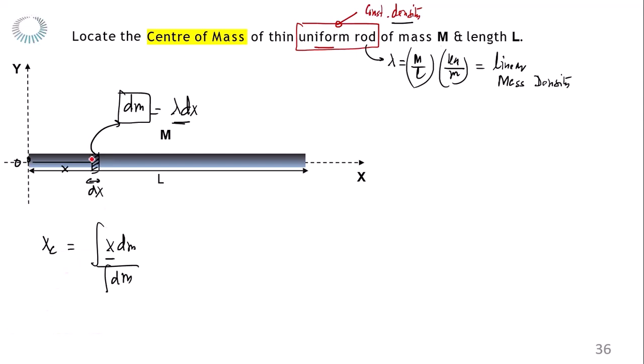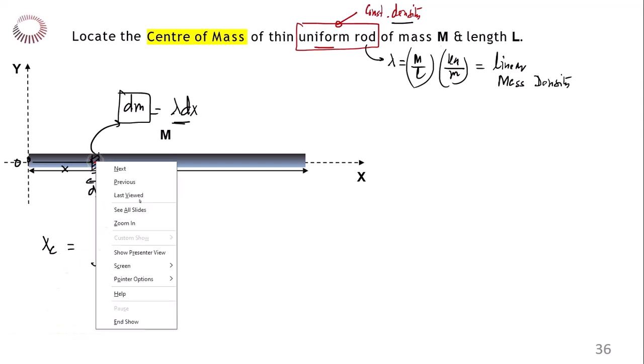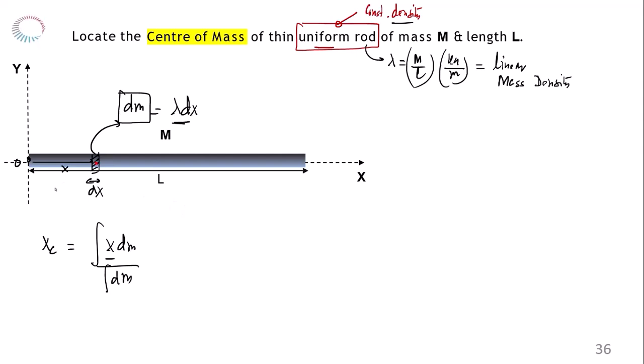This red dot is the center of mass of the element, so it should be at a distance of x plus dx by 2 from the origin. So that number should be written as x plus dx by 2, into dm.